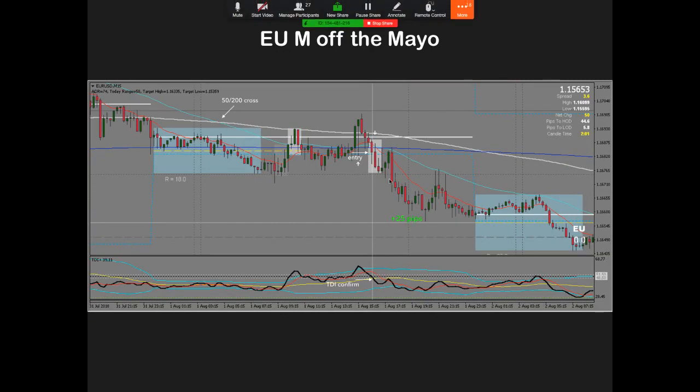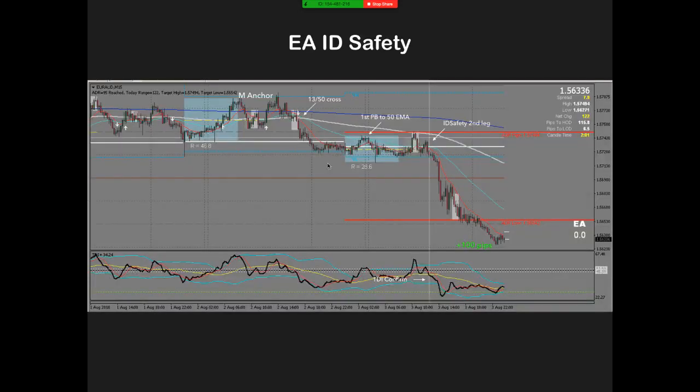EU we caught on Wednesday after FOMC. On Thursday we caught that pullback trade on EU, and then EA we caught on Thursday. This was the one I posted in the premium setup. And then on Friday, it was NFP, so I wasn't really looking at this, but it gave us a nice continuation trade on EA.